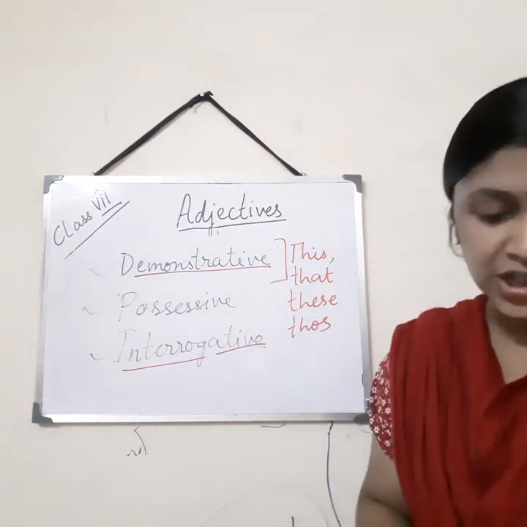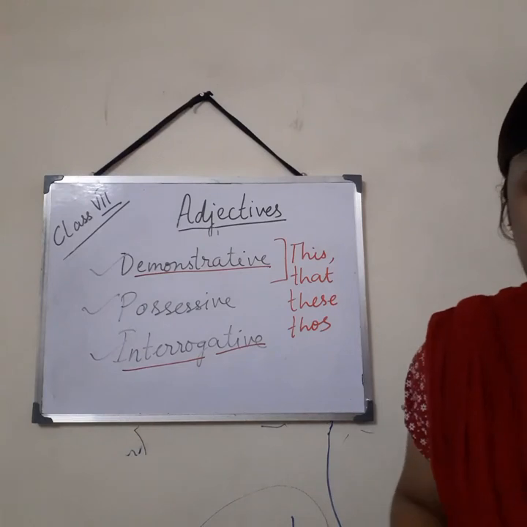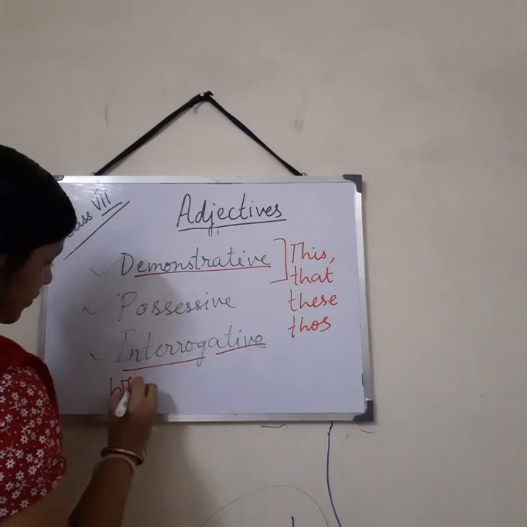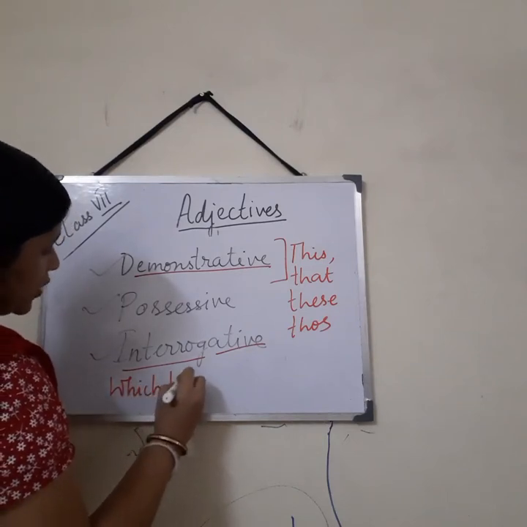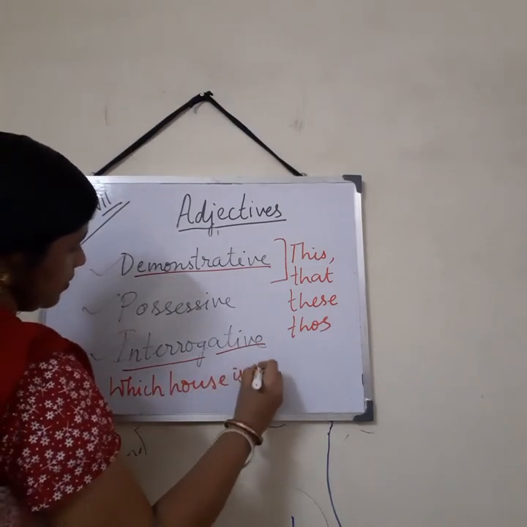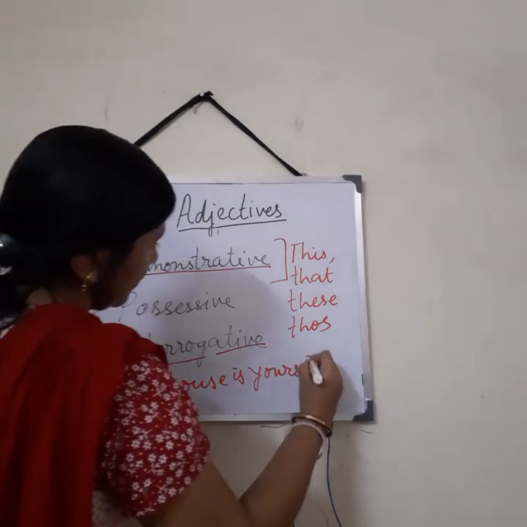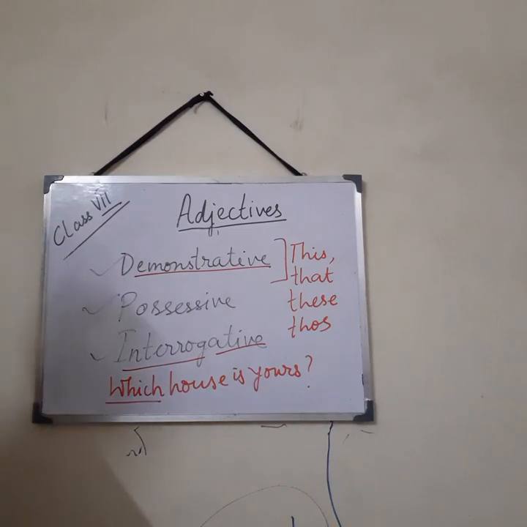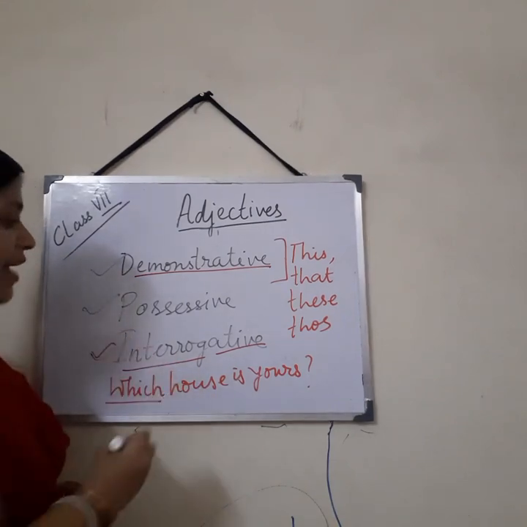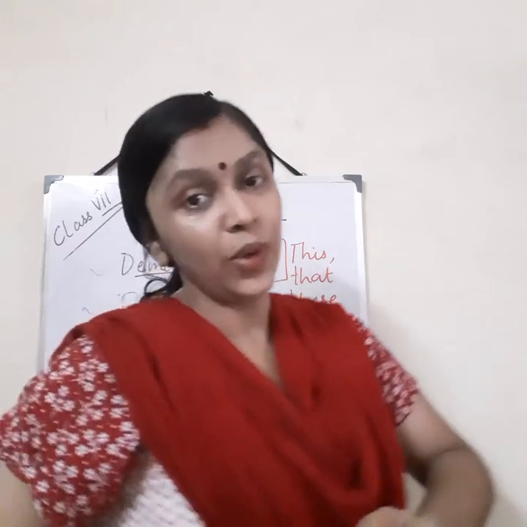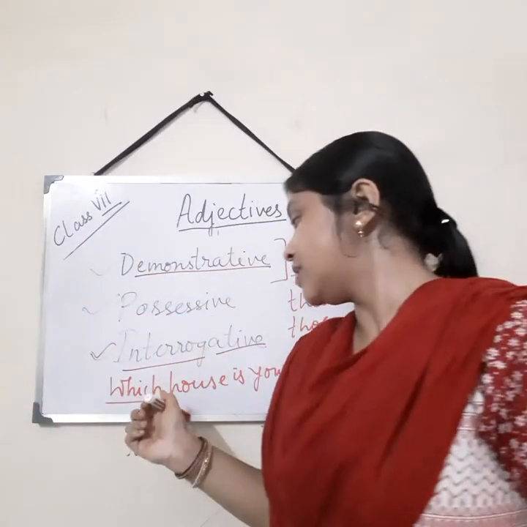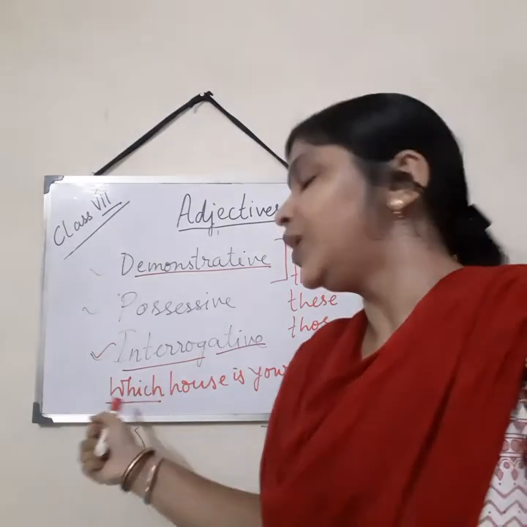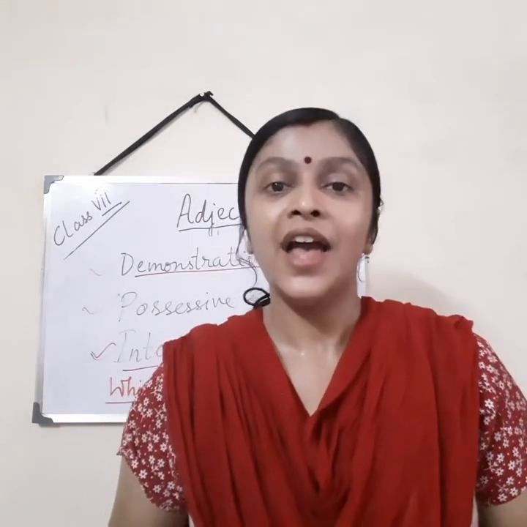Now interrogative adjectives are used for asking questions, like which house is yours? Okay, which house is yours? Here which is an example of an interrogative adjective, that is, it is used to ask a question and it necessarily is placed in front of a noun. Okay, so which house is yours? Here which is an example of an interrogative adjective.